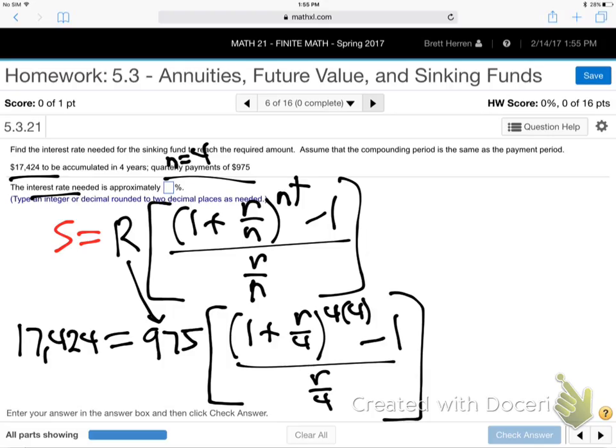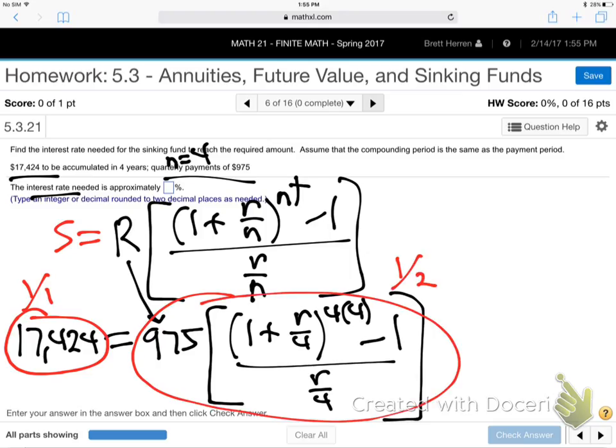This one, we don't have the r in the power, and it's just crazy hard. So graphing calculator, that's what they're going to suggest, and that's what I'm going to suggest. What do I mean by graphing calculator? I mean put this in as y1, put this in as y2, and then do the intersect between the two.